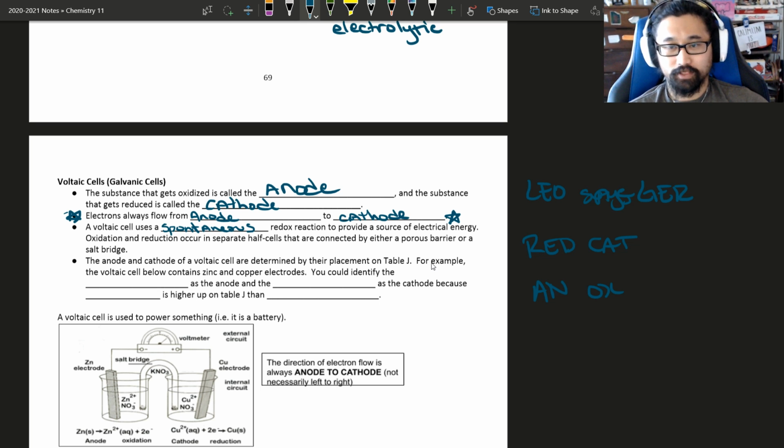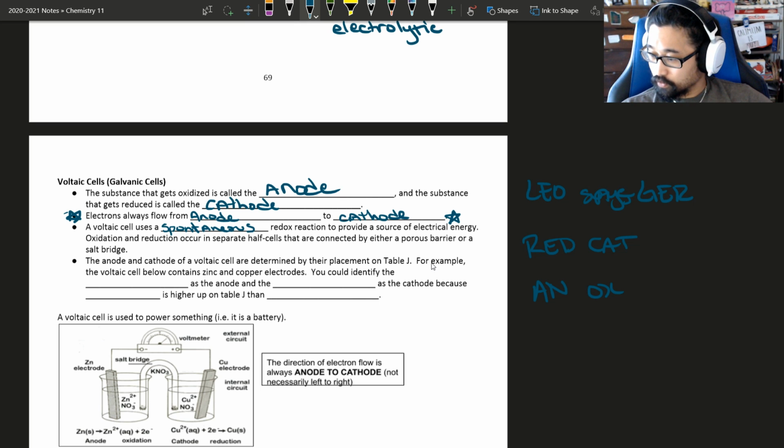Just go with it. Leo's a red cat. He's friends with an ox. He says grr. Red cat is because reduction happens at the cathode. And ox is because at the anode, it's always oxidation. Anode, oxidation. Reduction happens at the cathode. Leo is a red cat. He's friends with an ox.